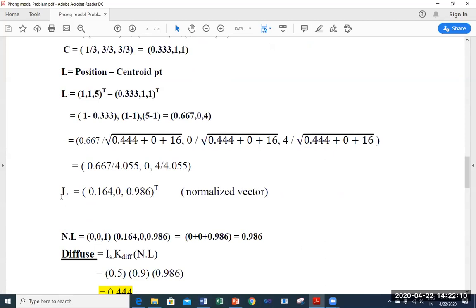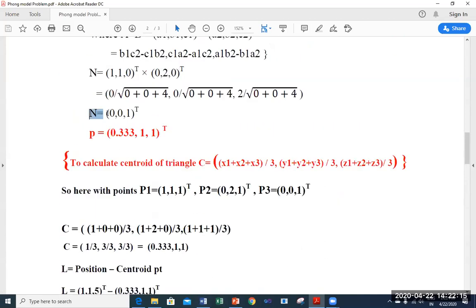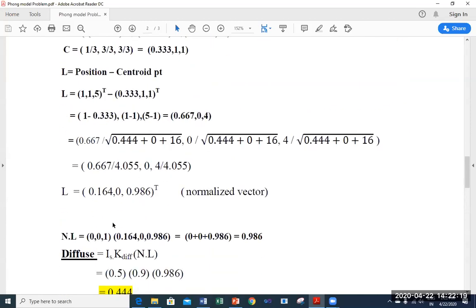So you got the value L, you got the value N, so multiply N dot L, here the dot product. Okay, so the dot product is A1 into B1 plus A2 into B2 plus A3 into B3, right?